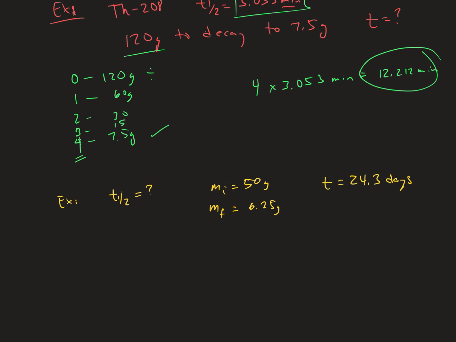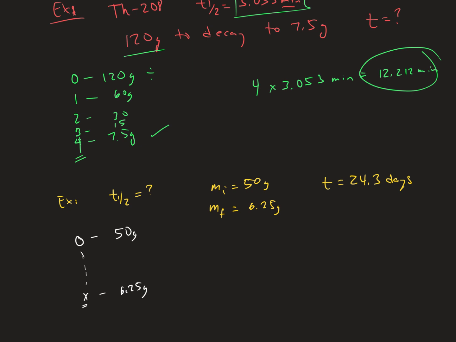So what do we do? At time 0, I have 50 grams. At some other time later, some other half-lives, we have 6.25 grams. So what can I find? Can I find X?